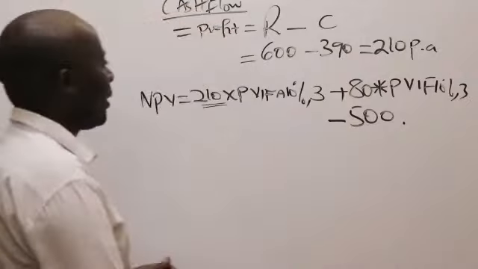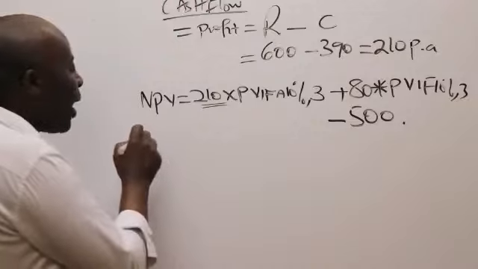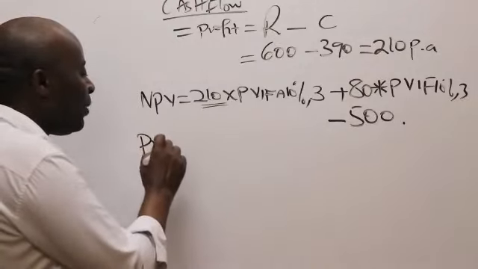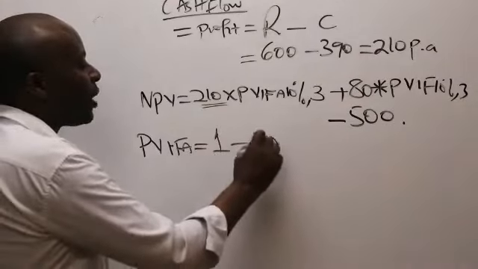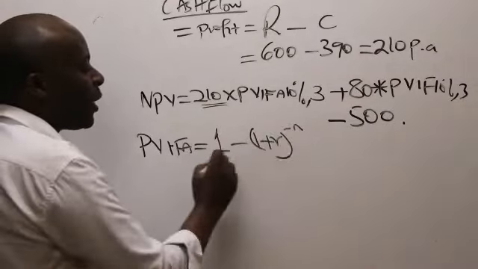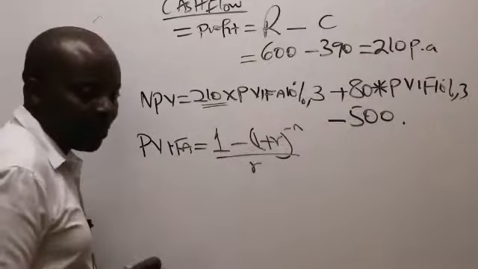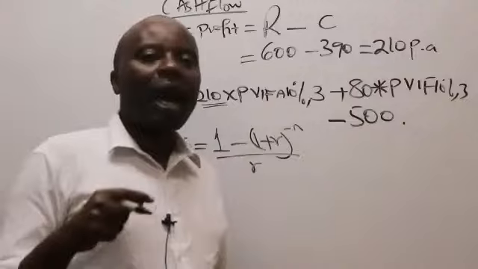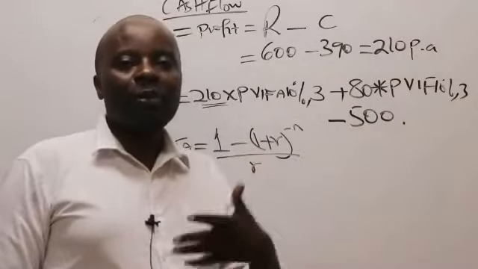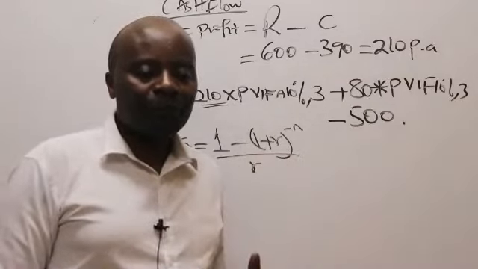One student is telling me that to get the PV annuity factor there is a formula: 1 minus (1 plus R) raised to negative N, all over R. I never rely on the tables the examiner gives us.